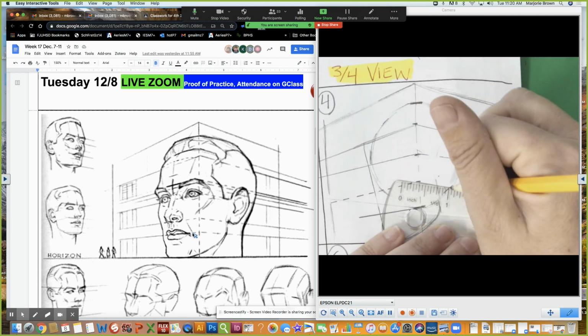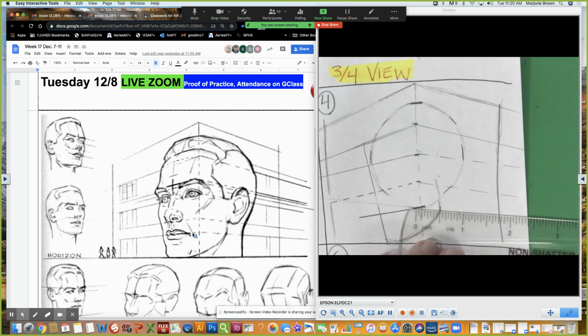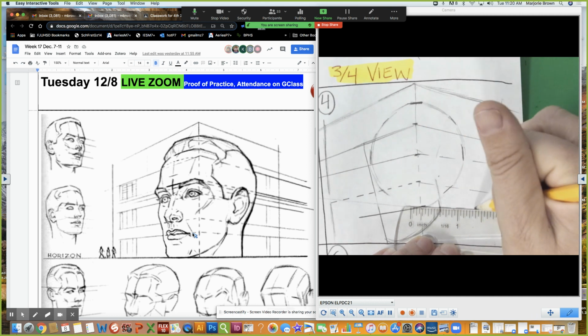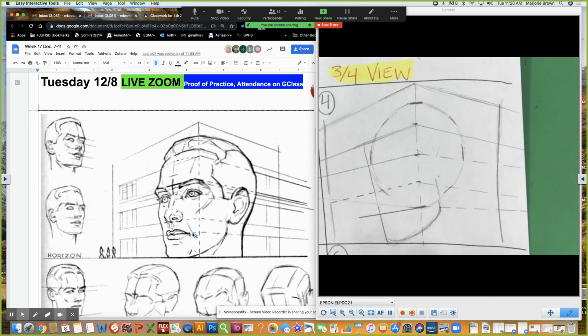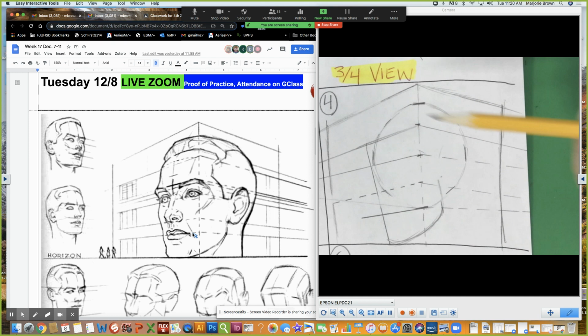If you don't have a clear ruler at home, I'm sorry. It helps so much. I had a makeshift one. We do the best we can with what we have. So what they're trying to do is get you to realize this as a cube form that is on its corner edge here.